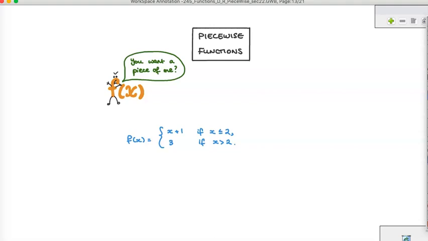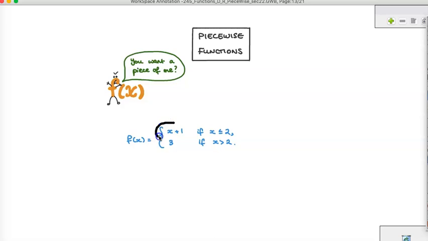Piecewise functions. In the previous video, we talked about what a piecewise function was, which is a function that is defined on different domains. And we talked about how to evaluate and how we are going to graph. When you take a look at this, how many pieces do you have?